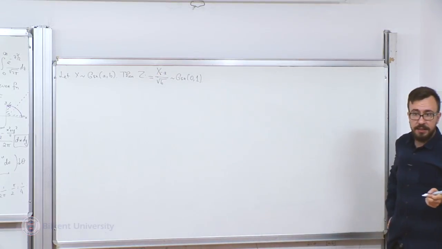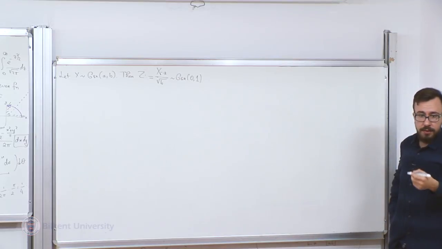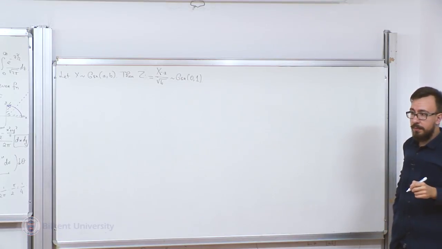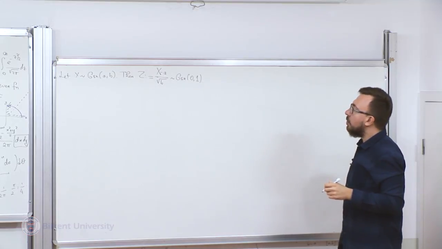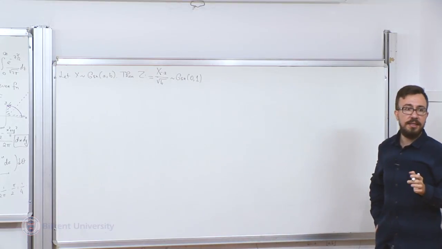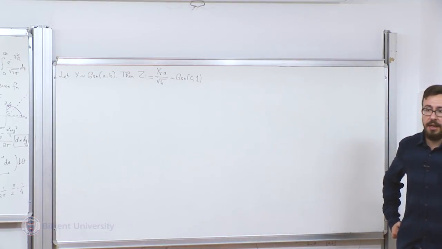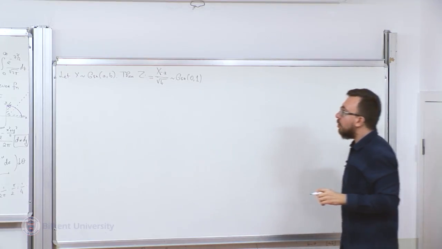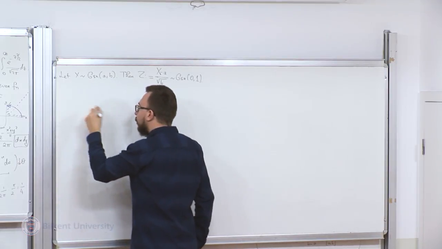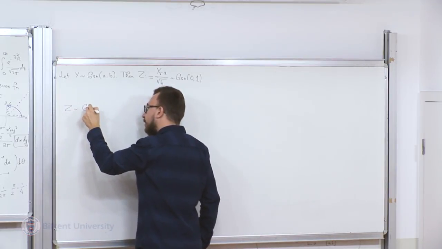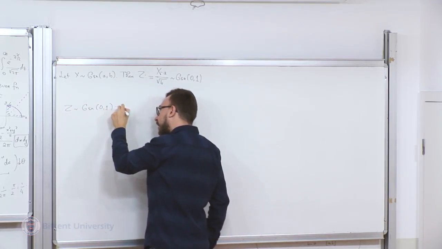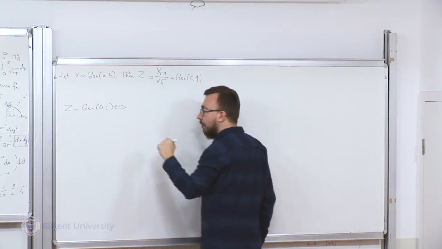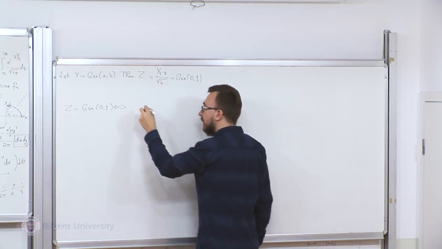Okay. So let's see why this is the case. This is a claim to be checked. Let's show it. So here's how we're going to show it, and this is indeed a general technique in probability. So what do we want to show? Z is Gaussian 0, 1. Let's use the characterization of it from last time.